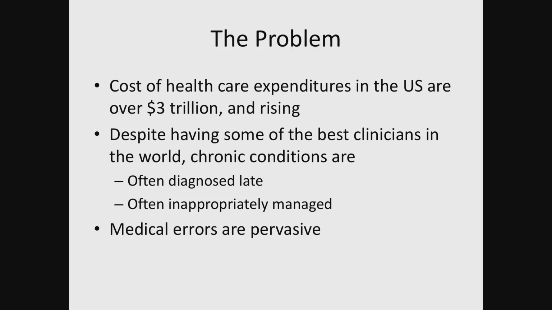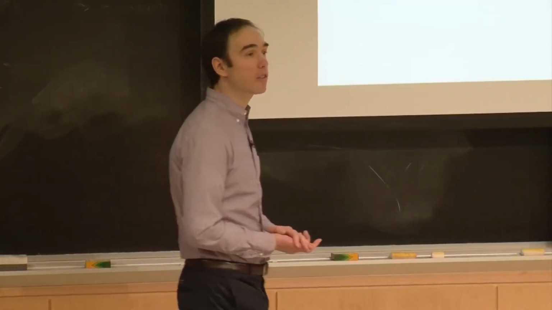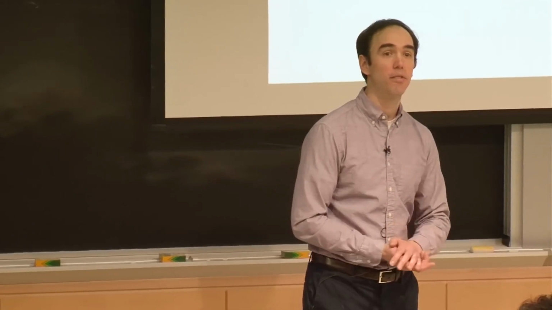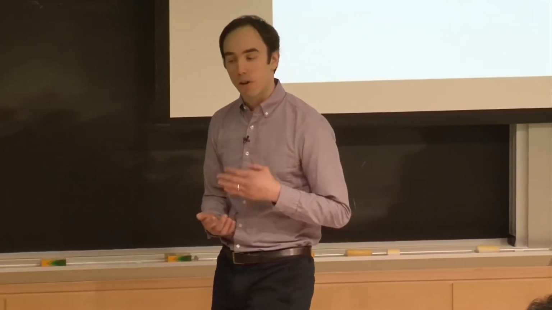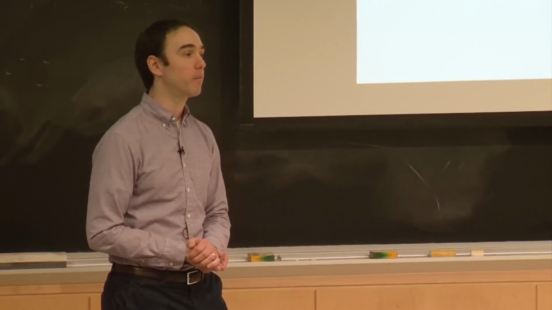They're often not managed well. And that happens even in a country with some of the world's best clinicians. Moreover, medical errors are happening all of the time. Errors that, if caught, would have prevented needless deaths, needless worsening of disease, and more.